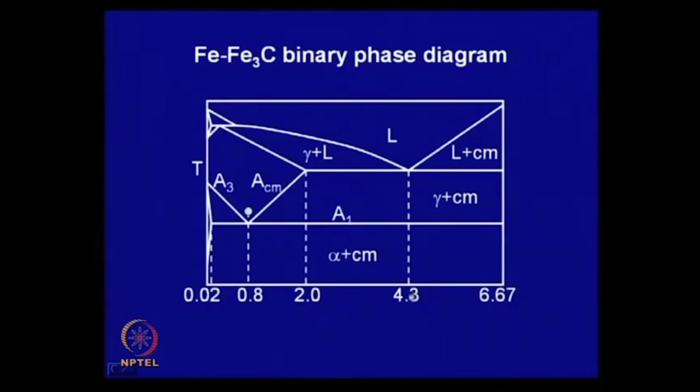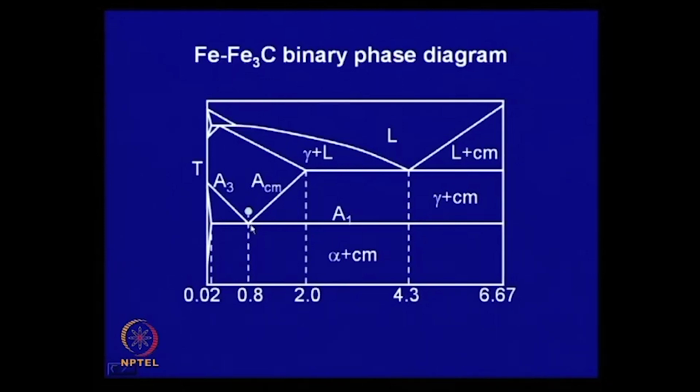Now, let us look at the structure of this eutectoid steel critically. Last class we looked at that if you cool a steel from this austenitic region which has a carbon content around 0.8, so this is the eutectoid point, what happens as you cool at this eutectoid temperature around 723?